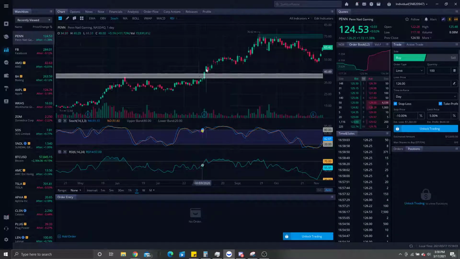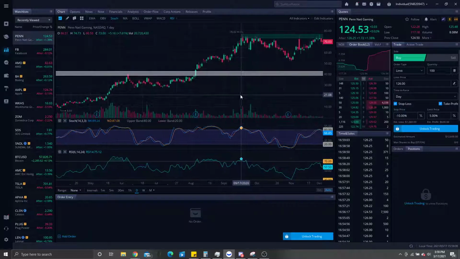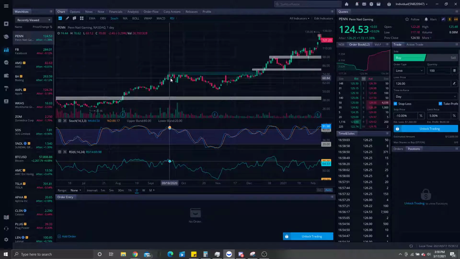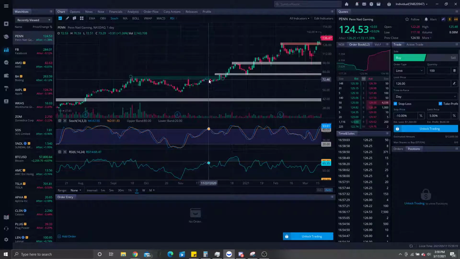So here, this breakout and retest, RSI is still showing oversold, so I probably would not have taken that. All of these rejections in this area, I probably wouldn't have taken any of those. I may have taken this one down, that one would have lost.